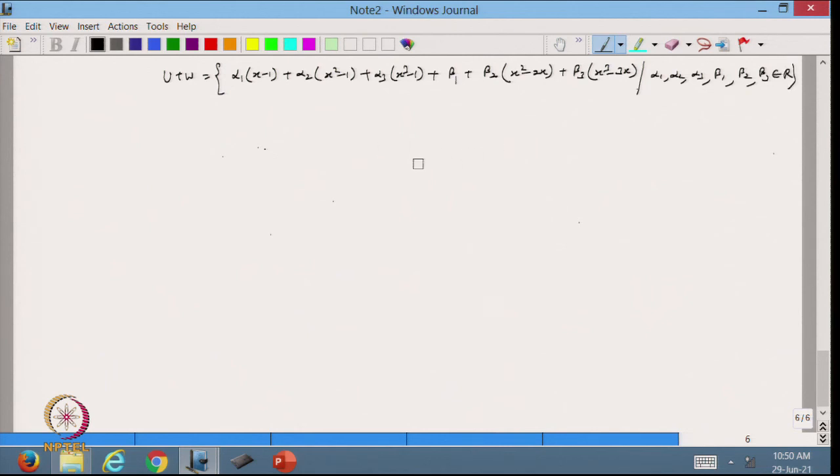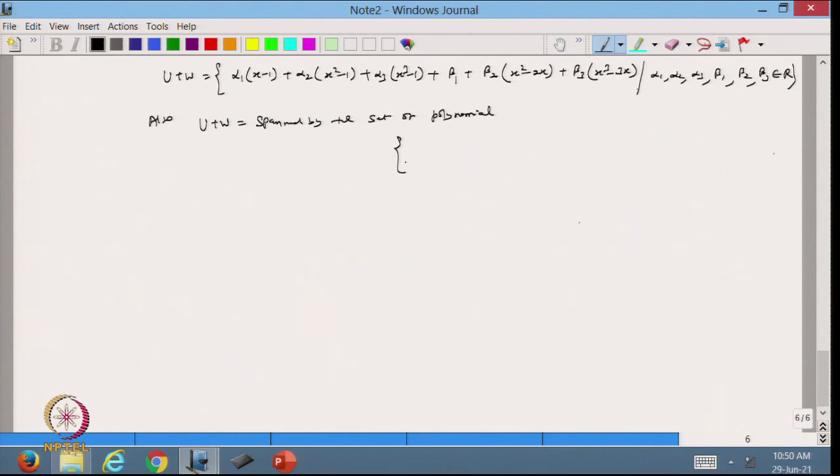So, this is the set of polynomials that is coming in u plus w. Now, we need to find the dimension of u plus w. We already know that u plus w is spanned by a set of polynomials.